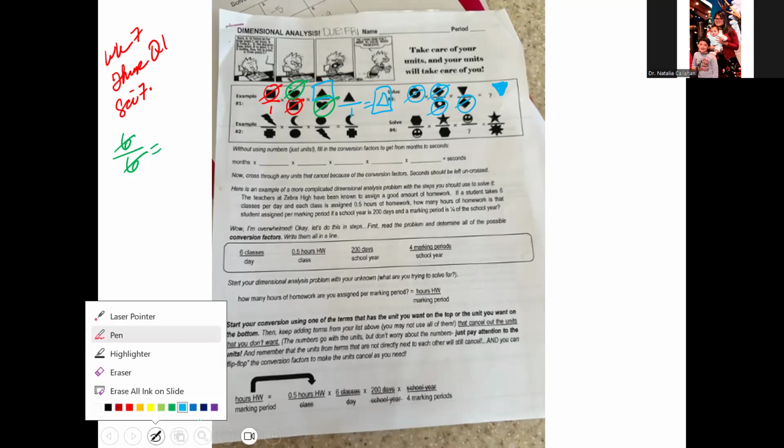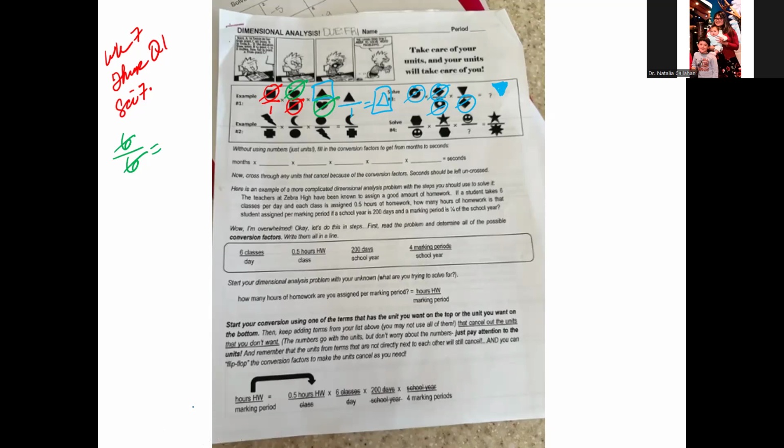Now, for example 2, I want you to go ahead and start canceling and see if you can understand how they end up with a crescent moon and a plus sign. Dimensional analysis is conversion, so this is one of the conversions. So do you now see how it's done? Yeah.